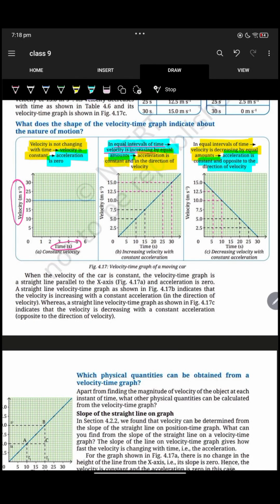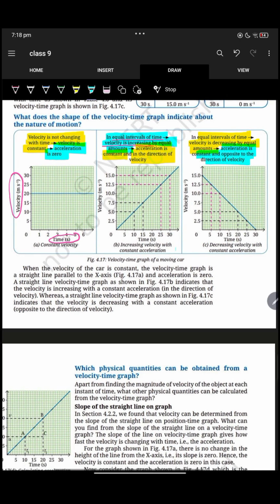But then also let us see that this is decreasing velocity with constant acceleration. What is the nature of this plot? Increasing velocity with constant acceleration, and here it is decreasing velocity with constant acceleration. One is increase in velocity, the other is decrease in velocity.